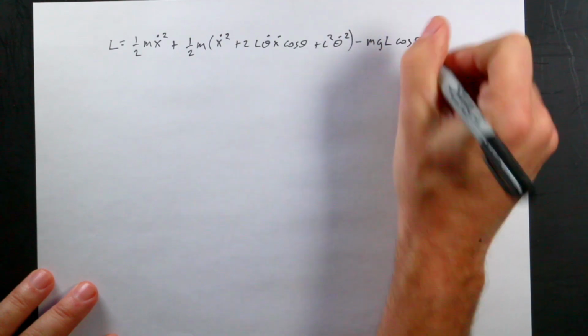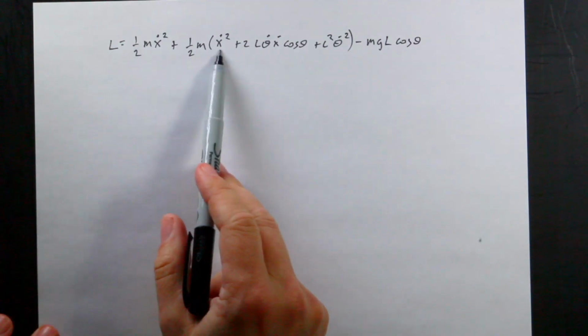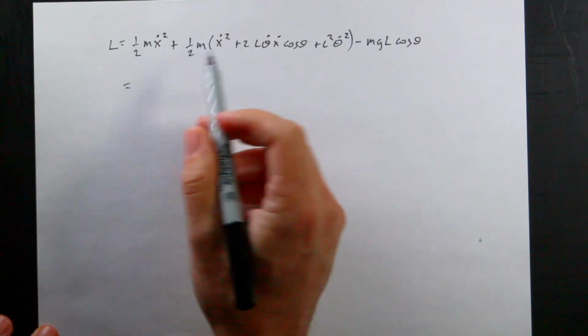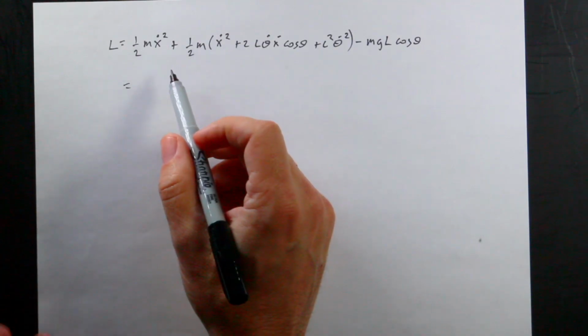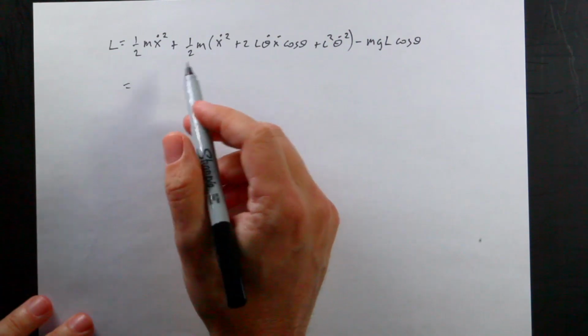Okay, so I get some simplification here because look, I have a 1/2 m x dot, 1/2 m x dot. So let's take those two and add them. This only works if the two masses are the same, which I have in this case, but I should do a general solution, but I'm not going to.